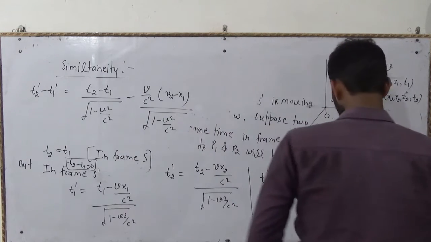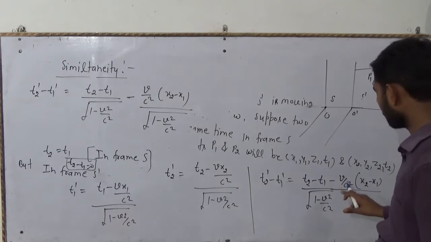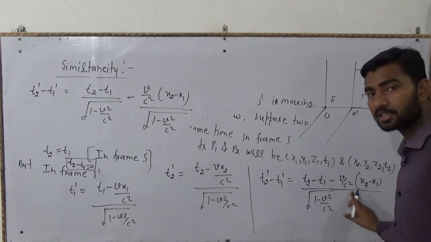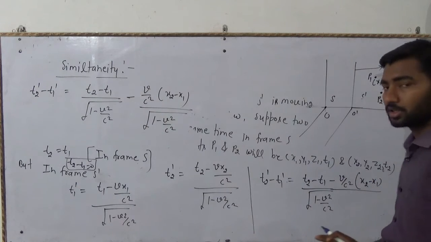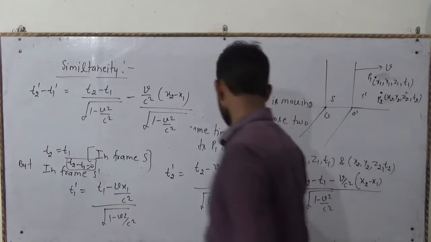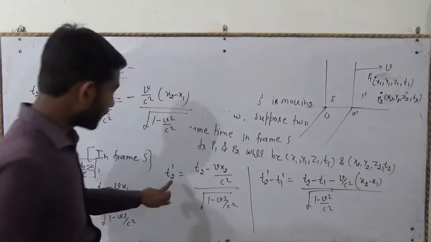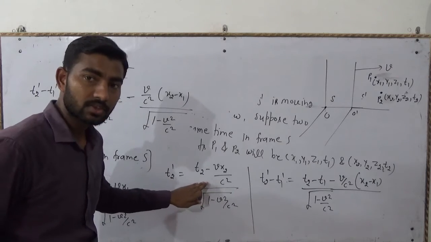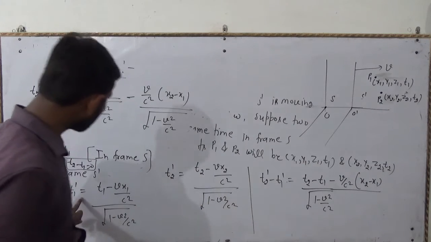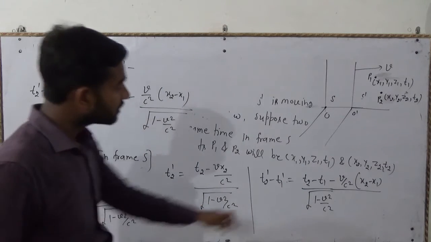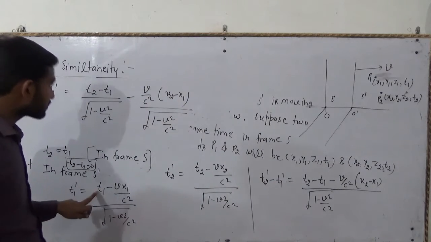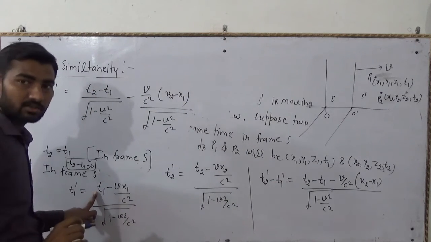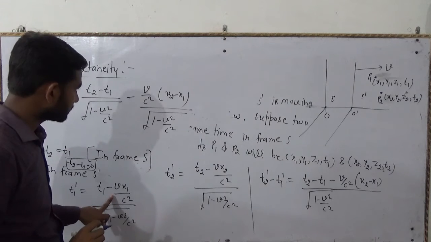Friends, if we take minus V by c square common, we find x2 minus x1, because in T2 dash minus T1 dash, if we take the negative sign, then this term will be negative and we have written T2 minus T1, and this term will be positive.